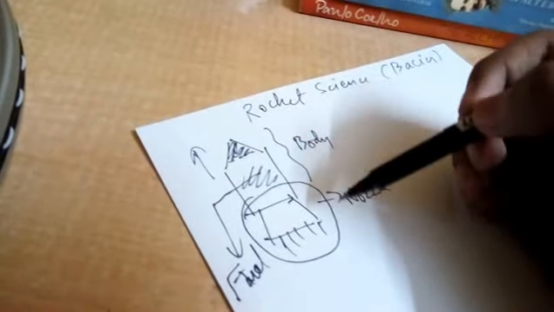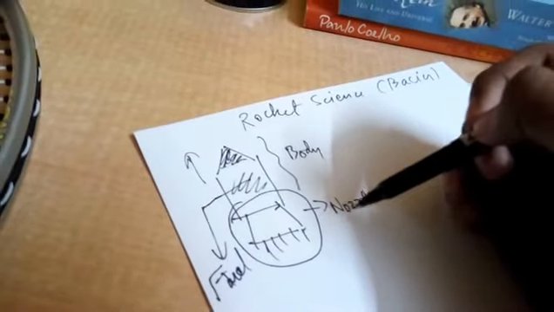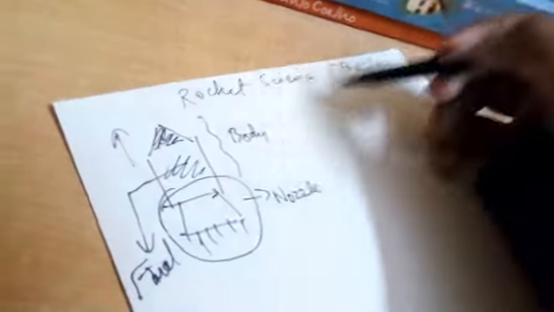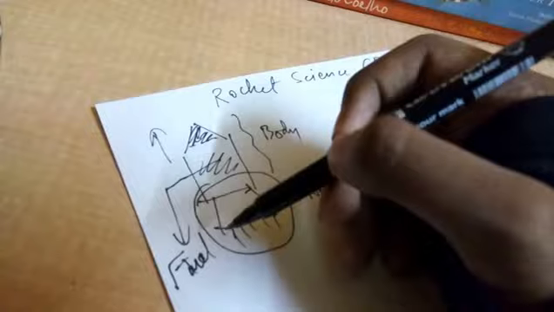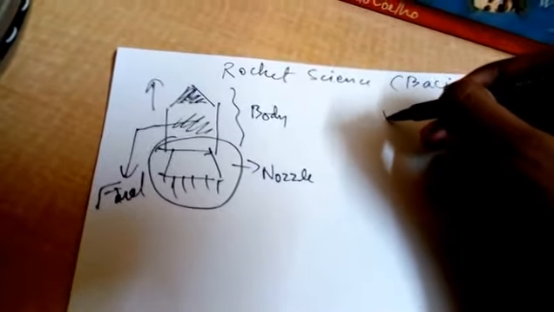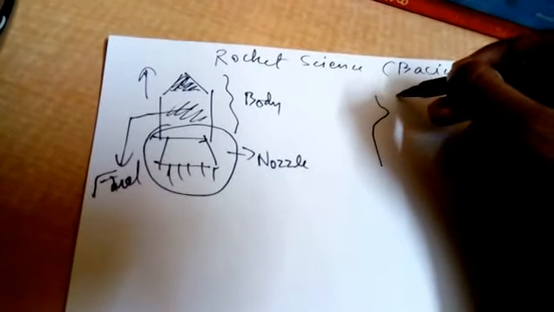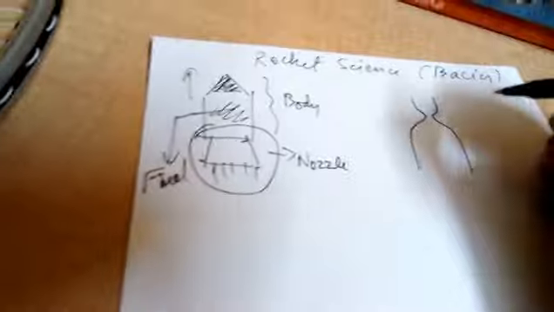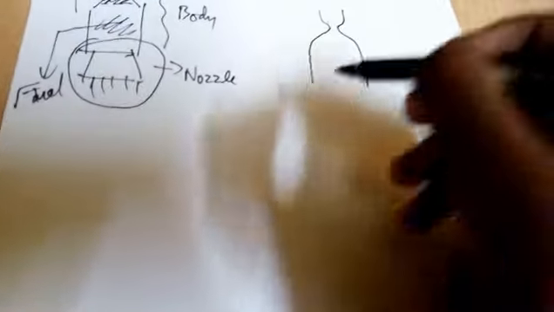Now let's discuss this nozzle. This is one of the most important parts of the rocket. The nozzle is not just a bucket kind of thing. It looks more like this. This is somewhat what a large nozzle looks like.